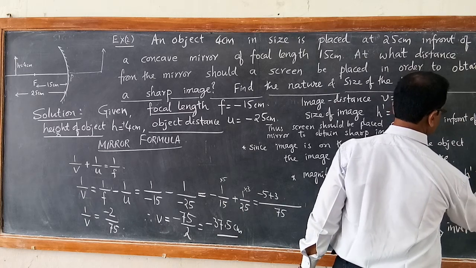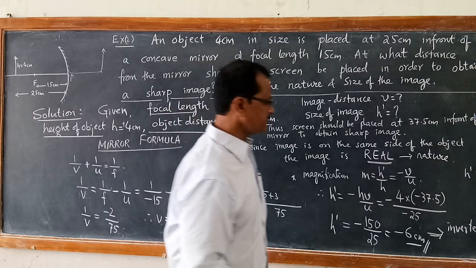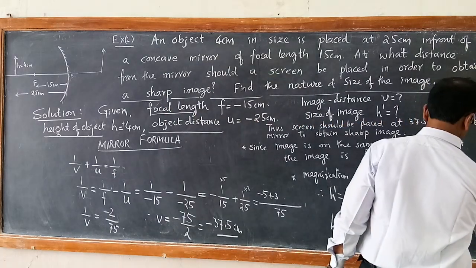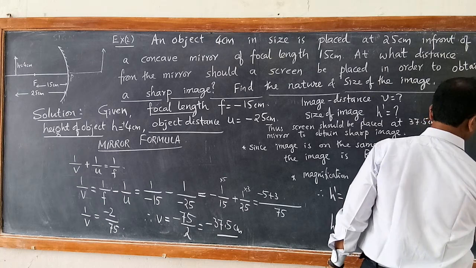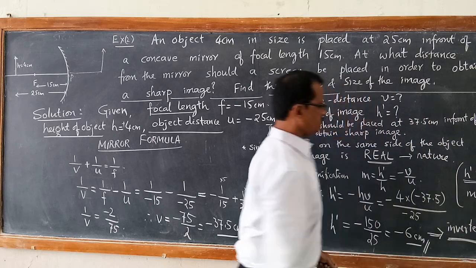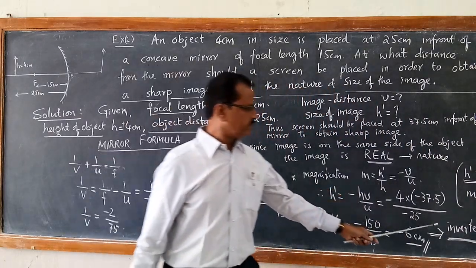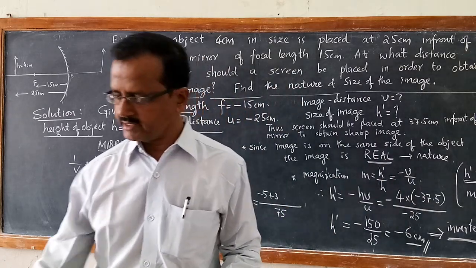Since h dash is greater than h, the magnification is greater than 1. Therefore, it is an inverted, magnified, real image. This is how we write the nature of the image.